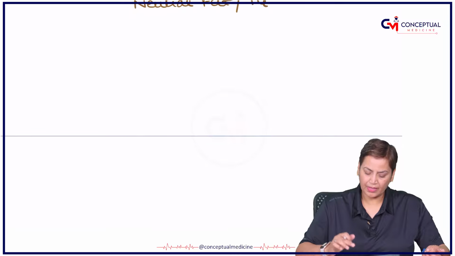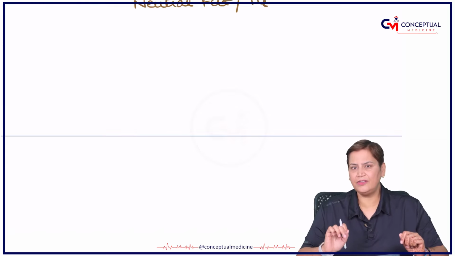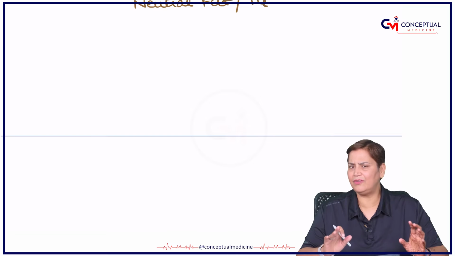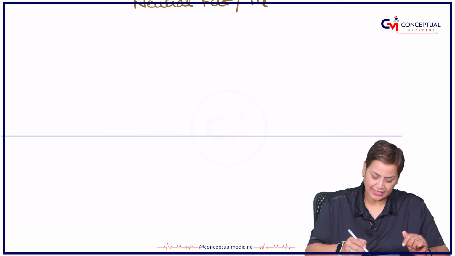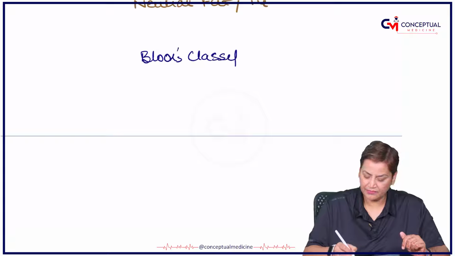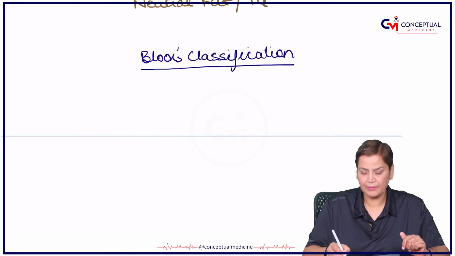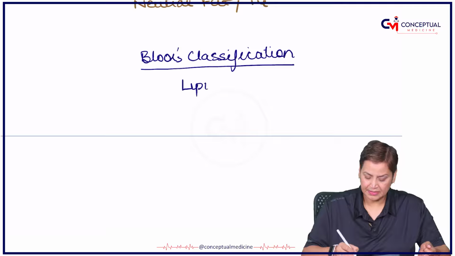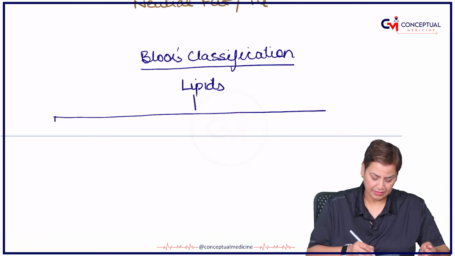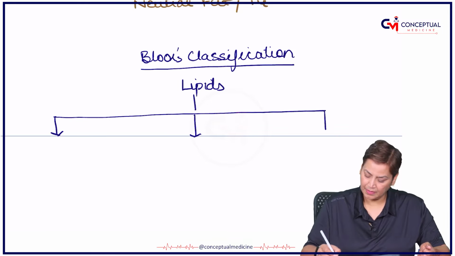On the basis of this, we can differentiate lipids or fats into 3 major classes, and this classification was given by a very well-known scientist, Bloor. As per Bloor's classification of lipids or fats, we can classify them into 3 main classes.